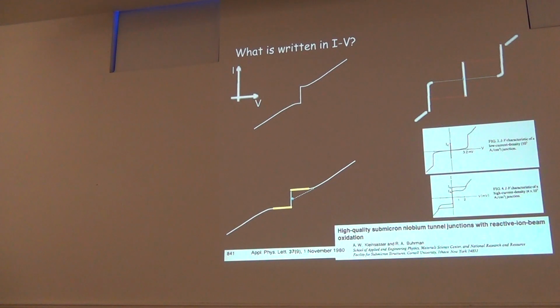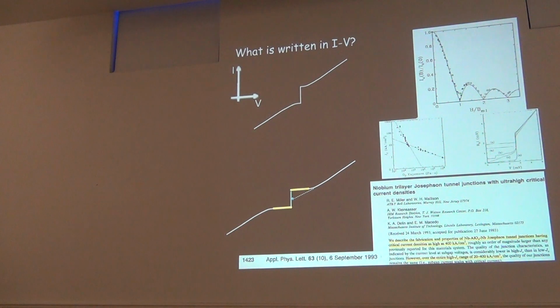But again, the point is that when you try to reduce the barrier, because if you want to increase JC you make your barrier very thin, when you make your barrier very thin, you cannot avoid pinholes, so you cannot avoid artifacts. And what is tricky is that these junctions also have a Fraunhofer pattern. But if you plot them, the exposure to oxygen is somehow the barrier thickness.